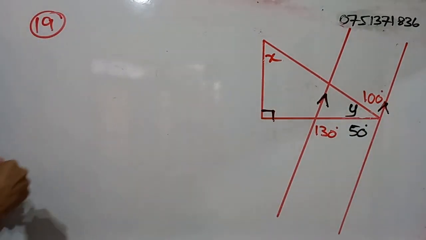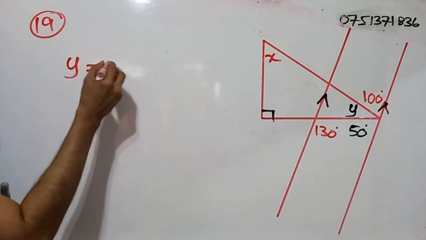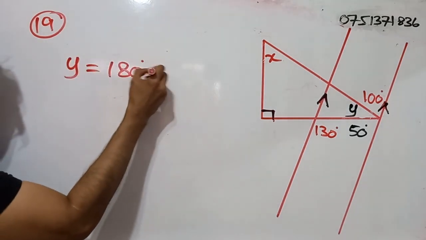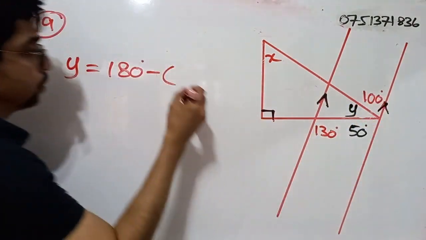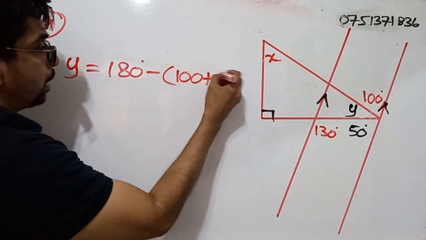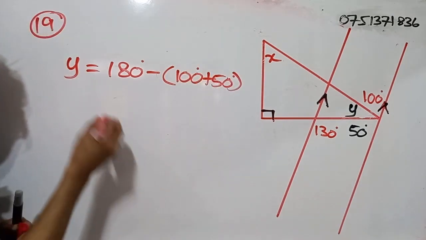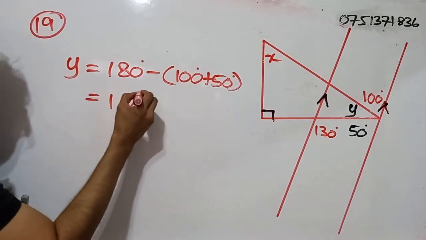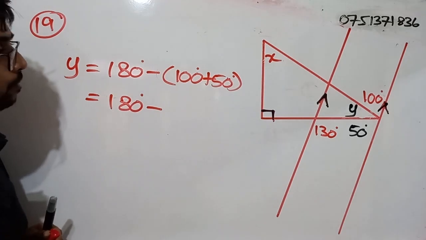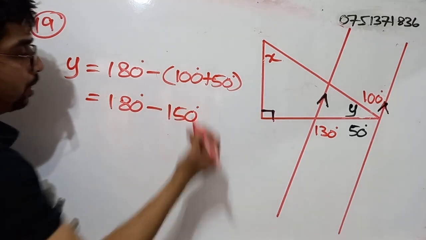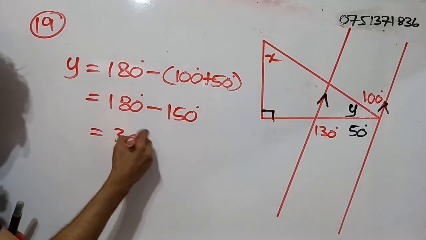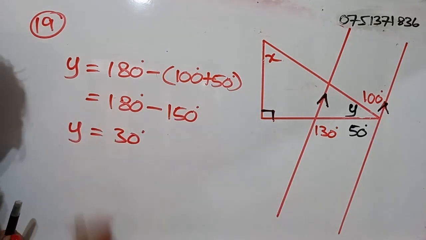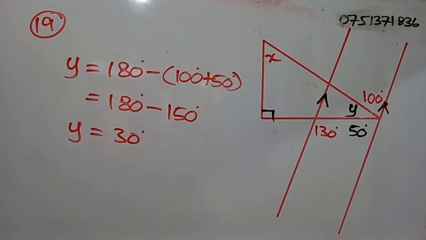So what is the magnitude of y? Y is equal to 180 degrees minus, we have to take the sum of these two angles, which is what? 100 plus 50, right? So 180 degrees minus 100 plus 50 means what? 150. So 180 minus 150, what is that? 30 degrees. So y is equal to 30 degrees. That is not the answer.